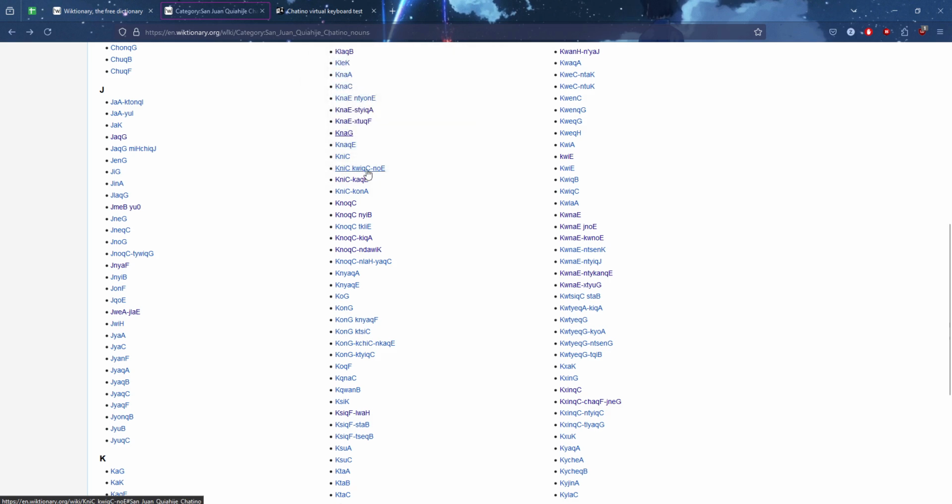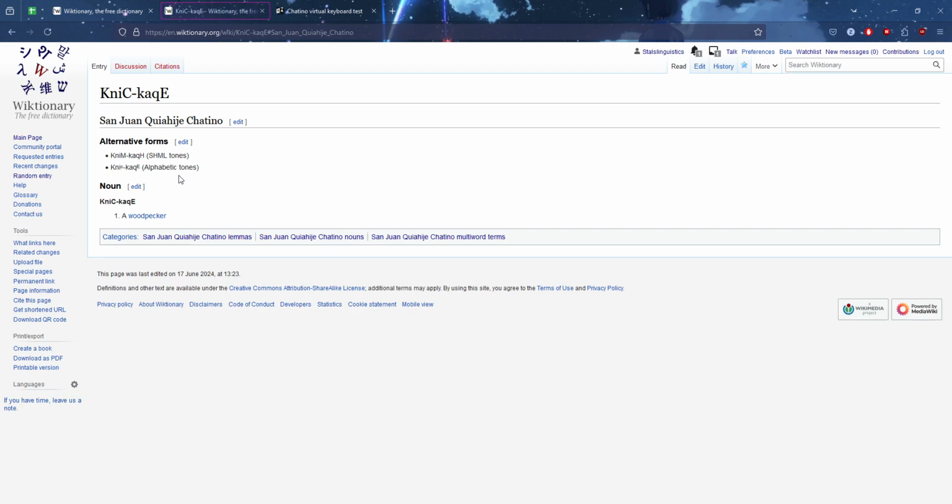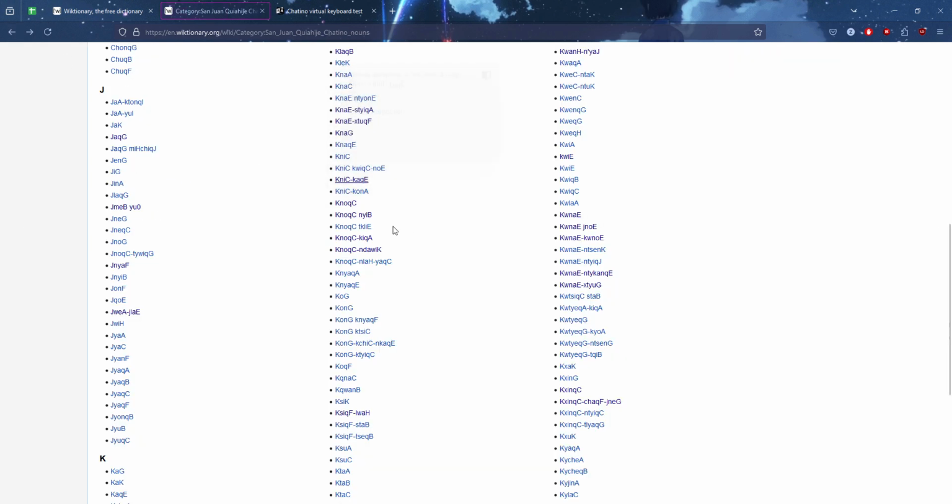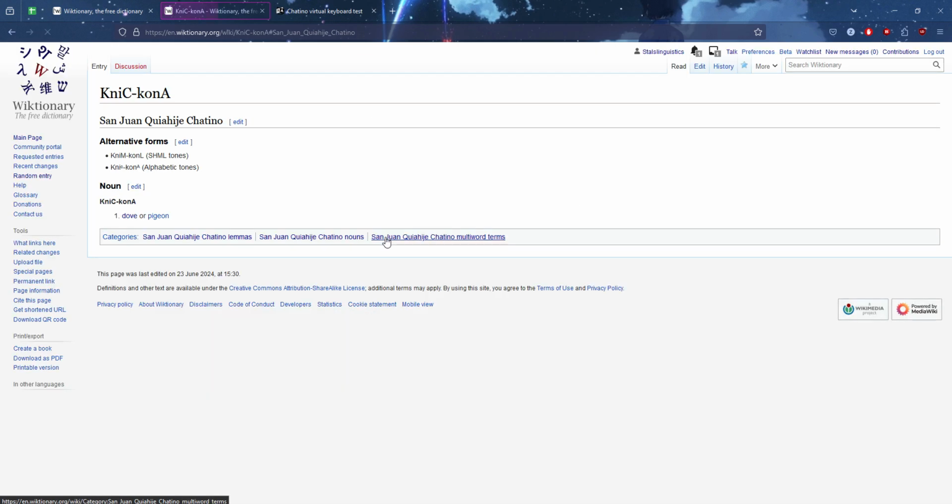And if you just hover over these, you'll see that each one has a preview. And even here, this was one of those words where I was actually able to narrow down into a specific type of bird. So this is a woodpecker, and I believe below that is a dove or a pigeon.